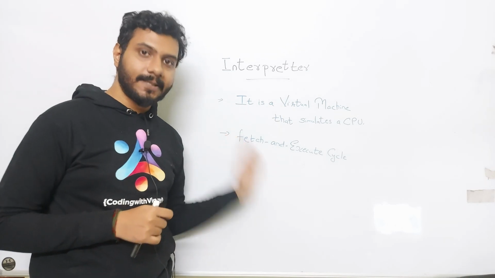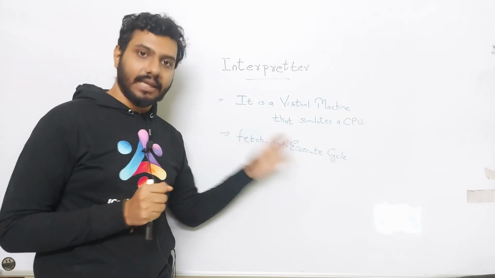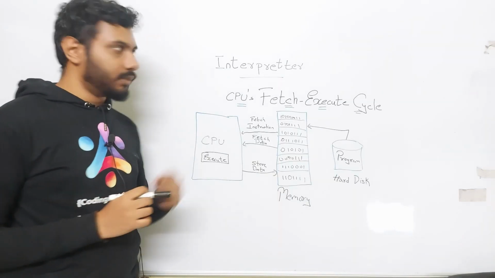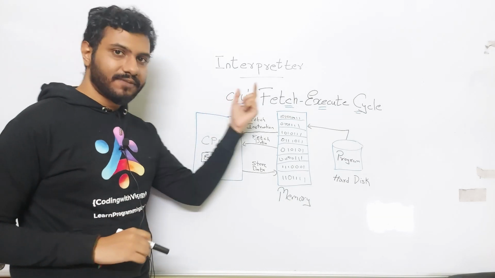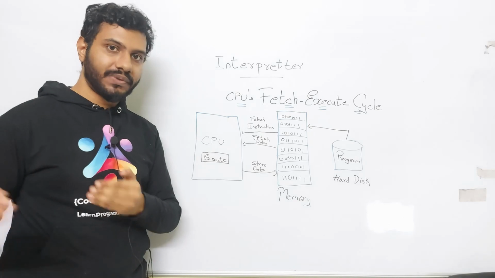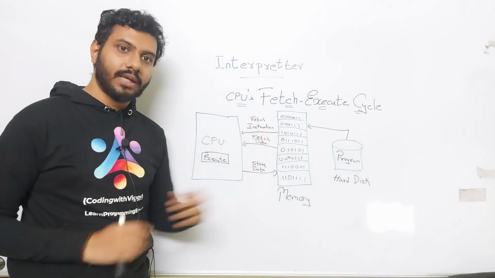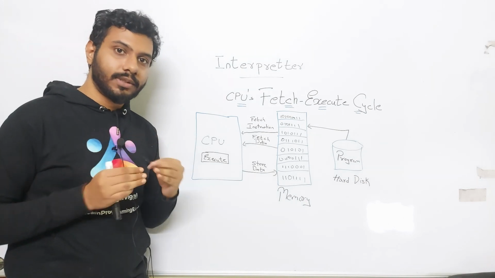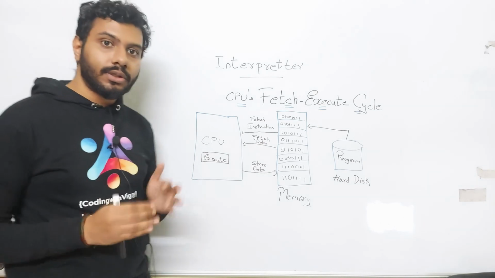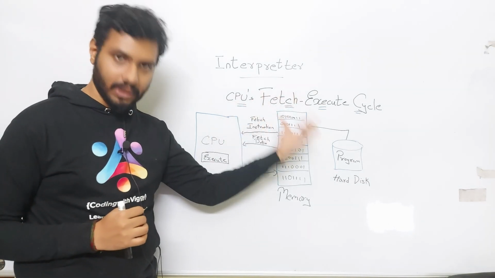We'll definitely see what the fetch and execute cycle is in brief in the coming session. Here we are talking about the CPU's fetch execute cycle. We will also talk about the interpreter's fetch execute cycle, but the CPU's fetch execute cycle is a fundamental concept of a computer. Every developer and engineer should know how it works.